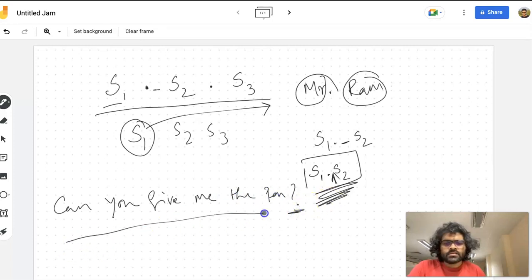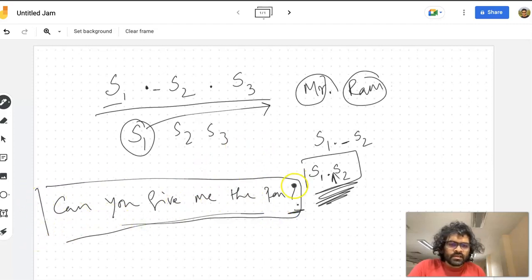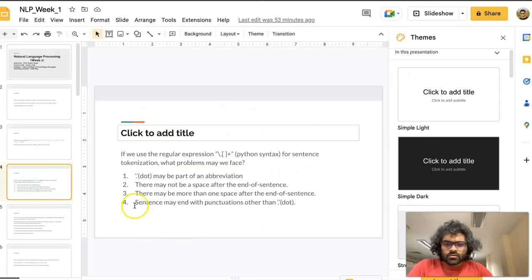It is a correct sentence, but with this expression it cannot be tokenized, because it ends with a question mark, while our regex expects a dot and then a space. So what are the correct answers? 1, 2 and 4. Number 3 will not occur. 1, 2 and 4 will occur when this regex expression fails.